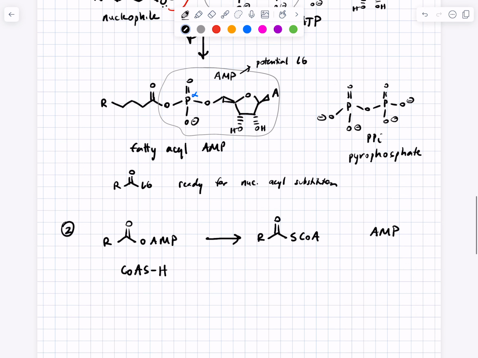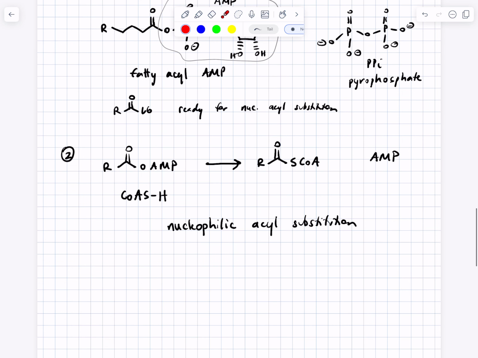The mechanism here, I think you've done something similar to this before on an exam. The mechanism here is nucleophilic acyl substitution. I would expect you to be able to draw that mechanism if I asked for it.